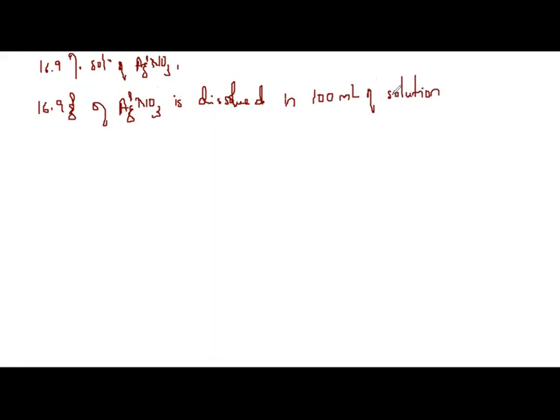But they have said 50 ml in the question. So if I wanted it for 50 ml of solution, how many grams of AgNO3 will be there? 16.9 into 50 over 100, you will get 8.45 grams of AgNO3 in 50 ml. Correct?